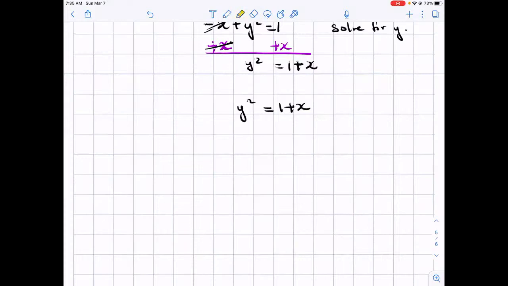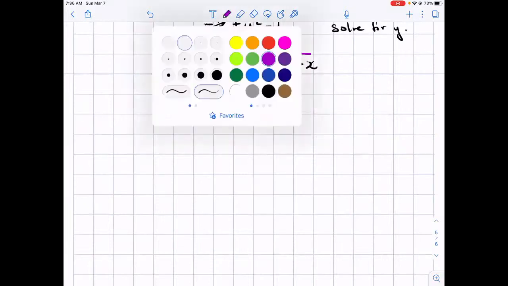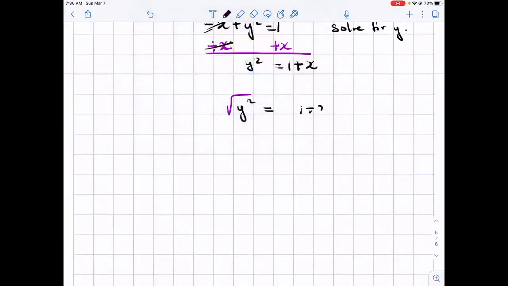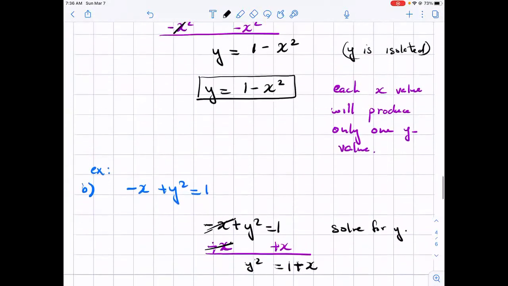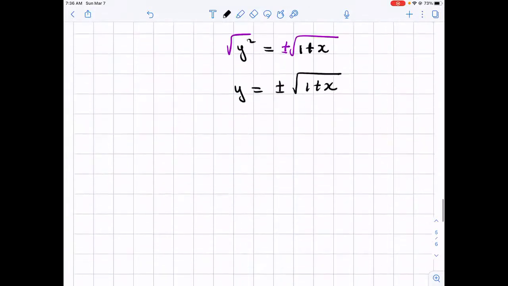Okay. So we have y squared is equal to 1 plus x. And now we take the square root of both sides. And when we do that, we will get plus or minus the square root. So we now have y is equal to plus or minus the square root of 1 plus x. And what you will notice here, just as we did above, y is isolated.